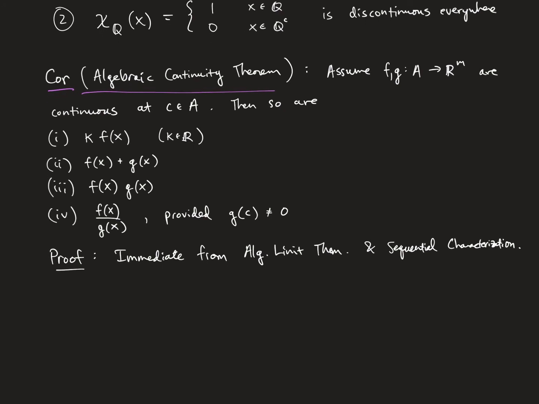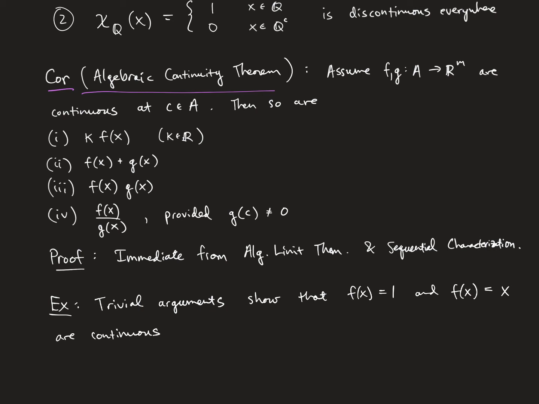As an example of the usefulness of this corollary, trivial arguments show that f of x equal to the constant function 1 and f of x equal to the identity function x are continuous. If you don't believe me, you can write out the argument.